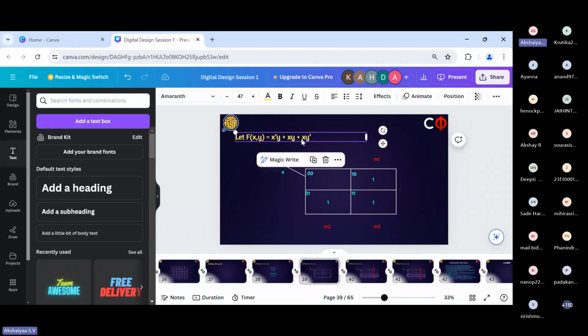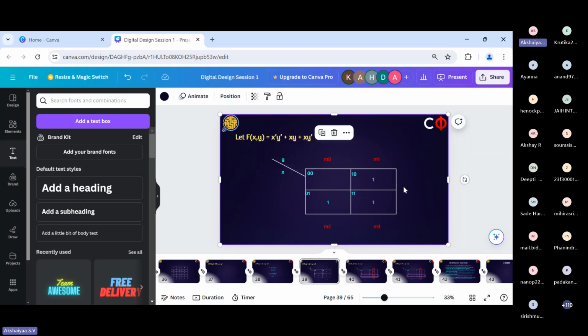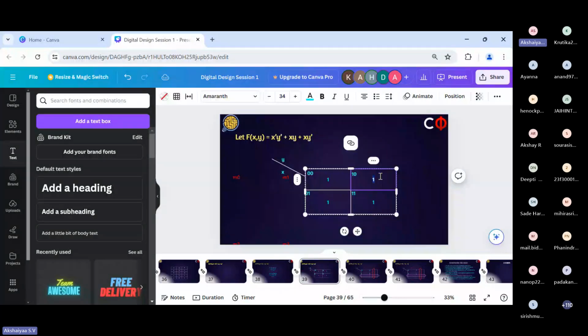And so that is the change which I'm going to be using. So there is x prime y prime and the next term is xy prime. So that's also going to be included. So I'll leave that one there.